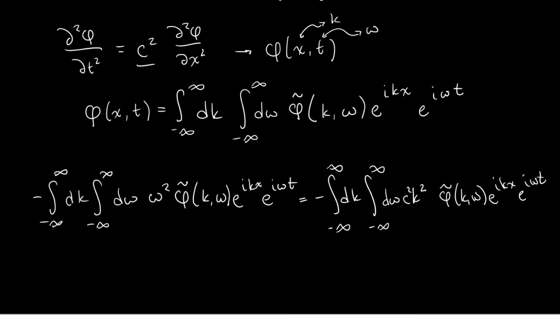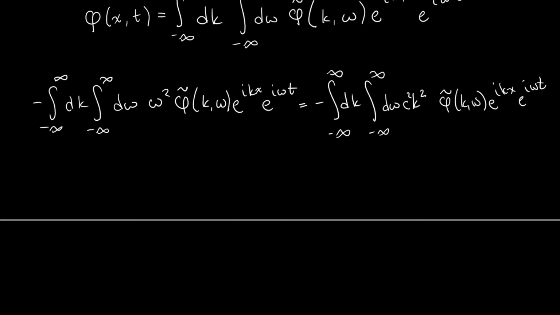So again, however you want to see this, you can see it as inverse Fourier transforming, or you can see it as these integrals and exponentials being the same on both sides of the equation, so I'm just going to look at what's inside of the equation. I'm going to rearrange some stuff, and I'm going to get omega squared minus c squared k squared, times phi tilde of k, omega, equals 0.